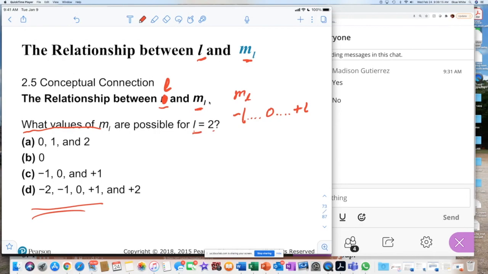So if L is 2, what do y'all think the M sub L value should be? What's the first M sub L value when L is 2? It starts with negative what?